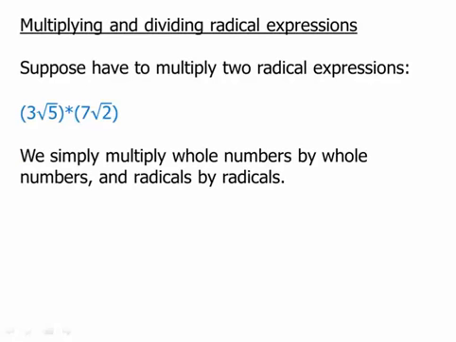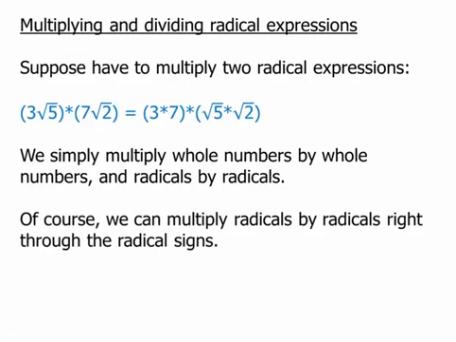So we're simply going to group the whole numbers together, multiply whole numbers by whole numbers, and group the radicals together, multiply radicals by radicals. So we'll group the 3 and the 7 together, and separately we'll group the root 5 and the root 2 together. And of course, we multiply right through the radicals, so 3 times 7 is 21. Root 5 times root 2 is root 10. We get 21 root 10.